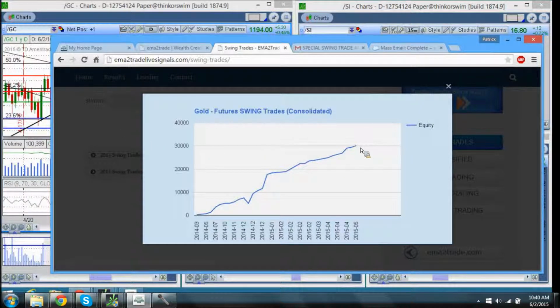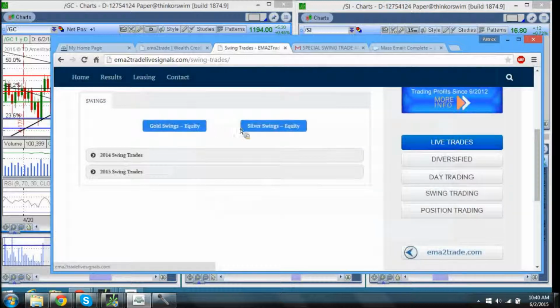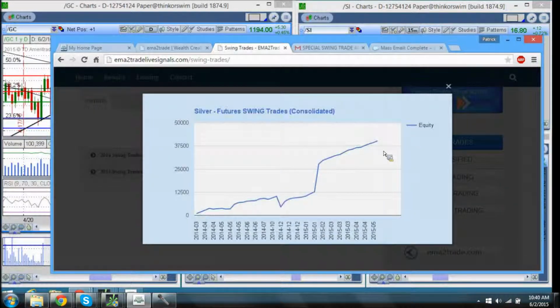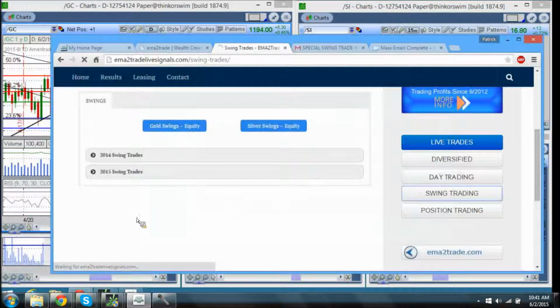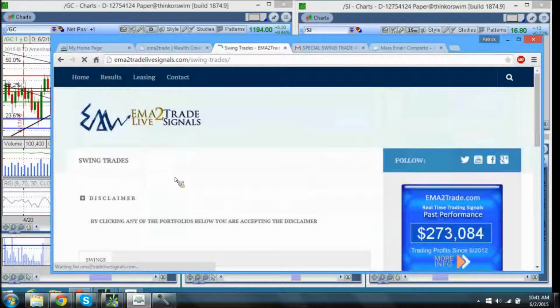What you see here is the chart of the equity curve that shows you the resilience of the program. These are not hypothetical trades. These are not back-tested trades. These are real live trades executed in the room. This is one of the best programs I think that we've been able to put together.